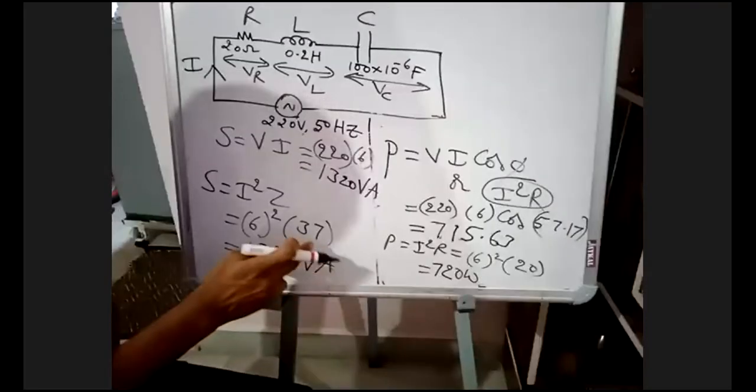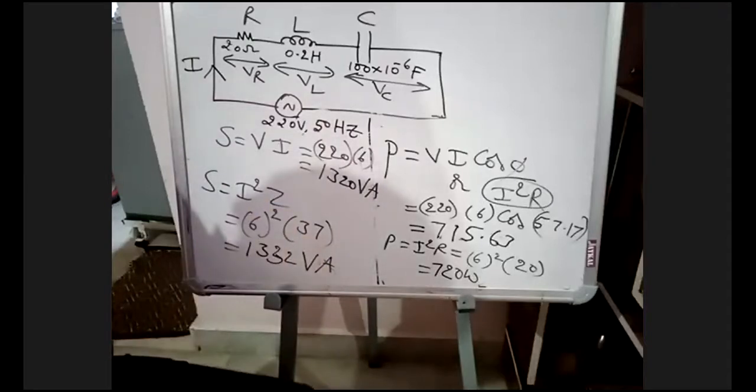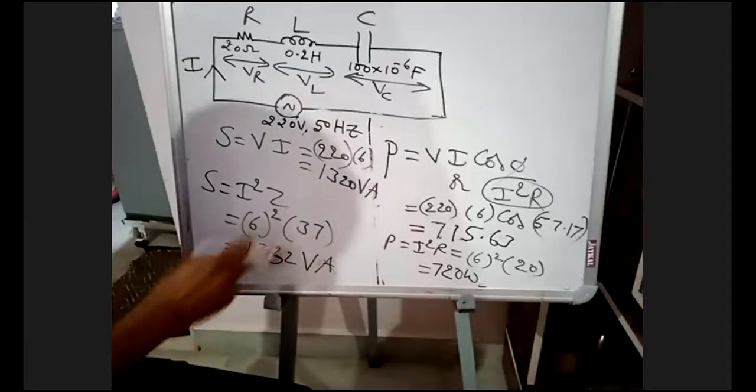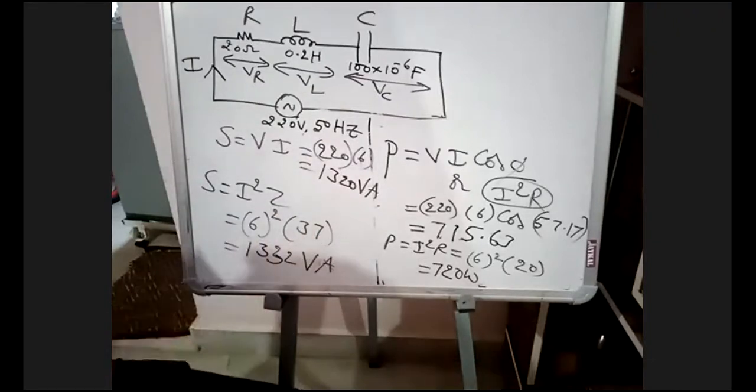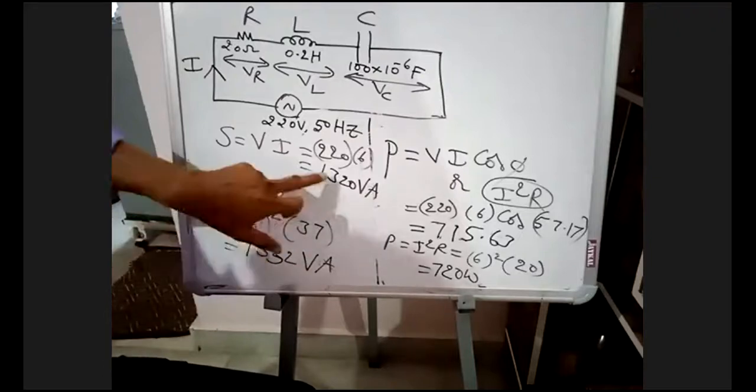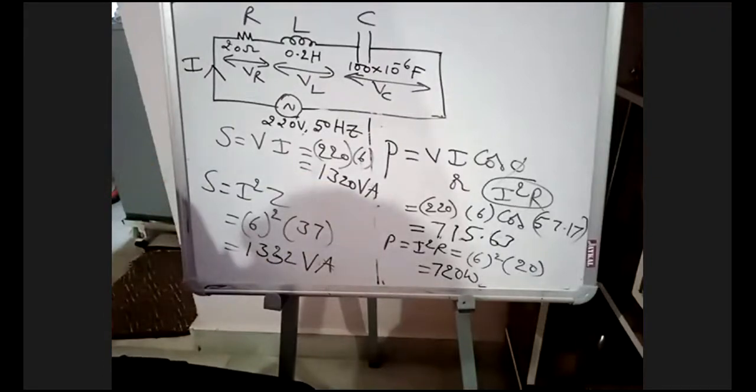Actually, we have taken 37 or something; you told 36.8. If you take that, you will get the same answer. The exact value you have not taken; here we have rounded it off. If you take that value, you will get 1320.